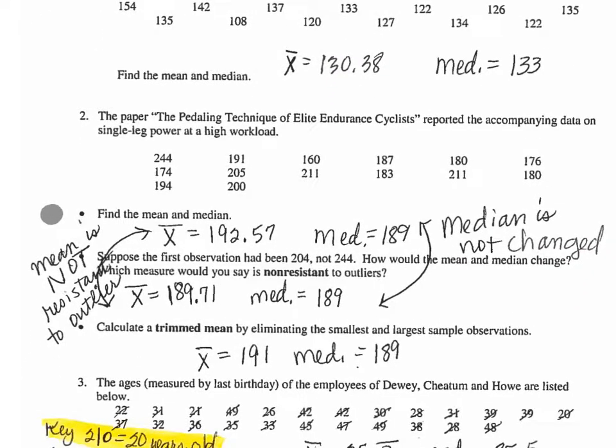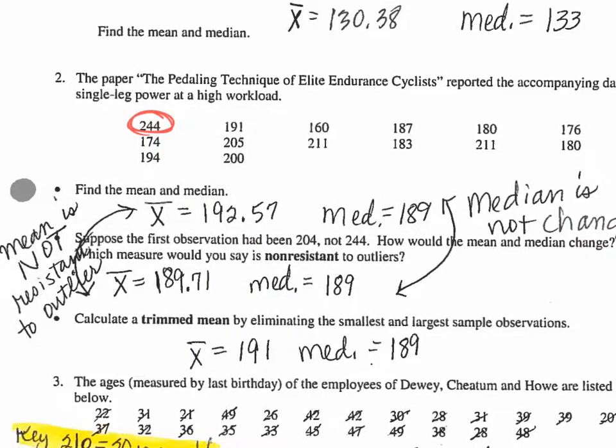Now, when we get to number 2, this is where it gets interesting, because what can you say about that value, 244, compared to the rest of the data? Is it like the rest of the data or different? It's very different. It's probably an outlier if we did the computing.